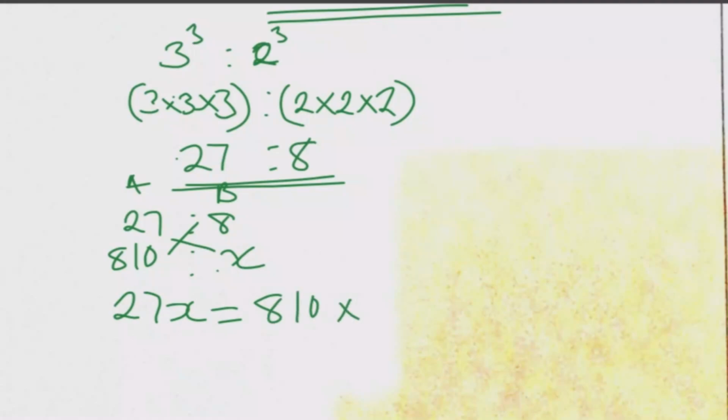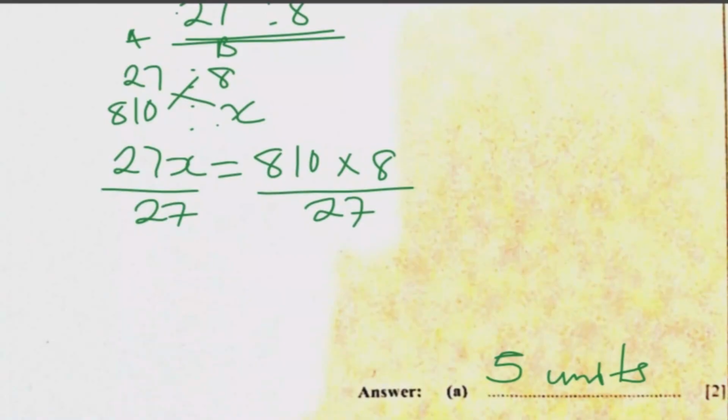810 times 8. What I will encourage you to always do is not evaluate the multiplication early, because we end up with bigger numbers which will be very difficult to evaluate. So what you can do here is divide both sides by 27. The 27 and the 27 on top cancel each other, leaving us with x.